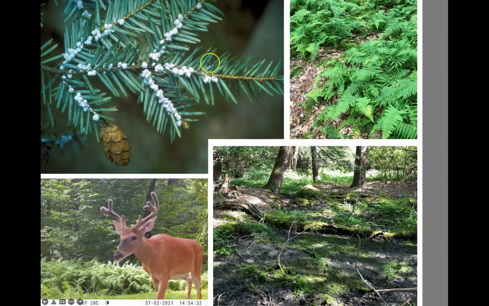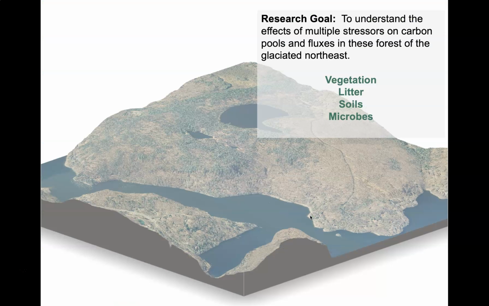We have hemlock woolly adelgid, which is decimating the hemlock population. And we have an increase in this invasive hay-scented fern. It is a native, but it is also invasive, and it's not edible for the deer. You can see it down here. So there are some interesting interactions between these stressors and their effects on the forest system.